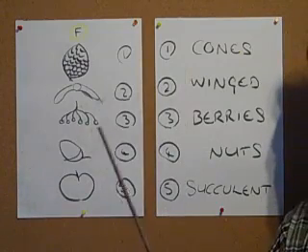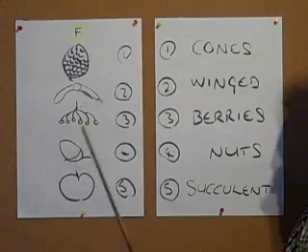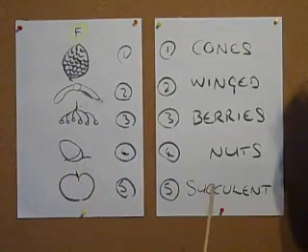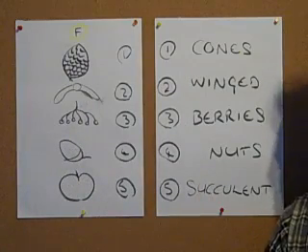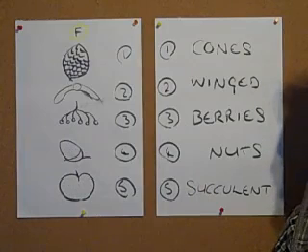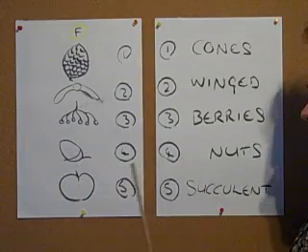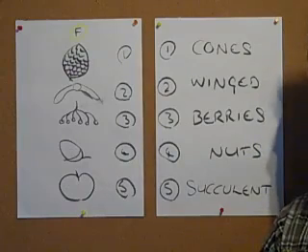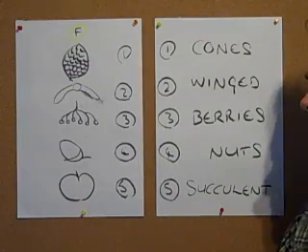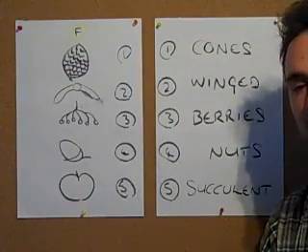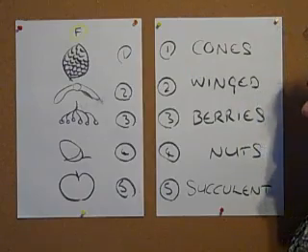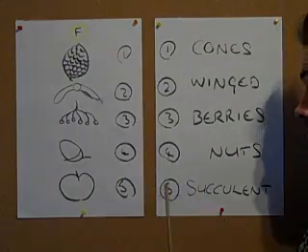Tend to be rather large seeds and therefore produce a large tree. And finally we have the succulents. These are the fruits you'll probably be most commonly used to, which are apples and the stone fruits, which provide their seed with a succulent outer casing to advertise themselves to animals for their dispersal.